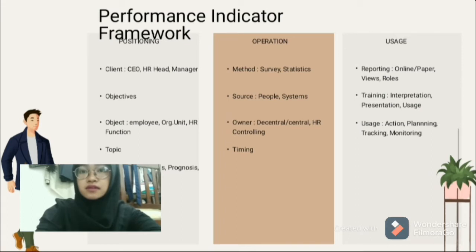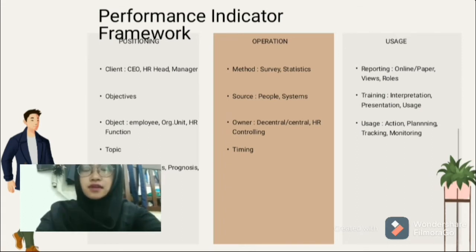It is the most vital. Also in this indicator there is usage, which is reporting by online or paper, views and roles, and training by interpretation, presentation, and usage. And usage is action, planning, tracking, and monitoring.